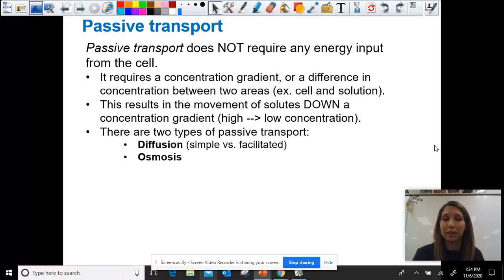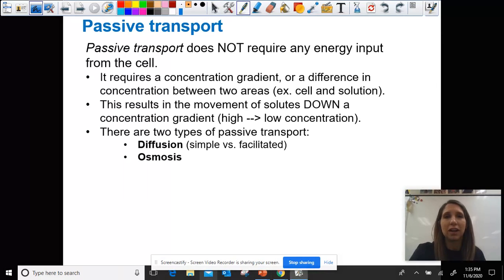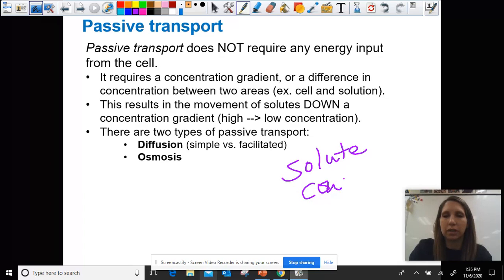What it does require, however, is a concentration gradient, which refers to this idea that we have a difference in concentration in one place and another. And when we talk about concentration in this section, what we're really going to refer to is our solute concentration. Okay, that's the one that we're talking about with this.